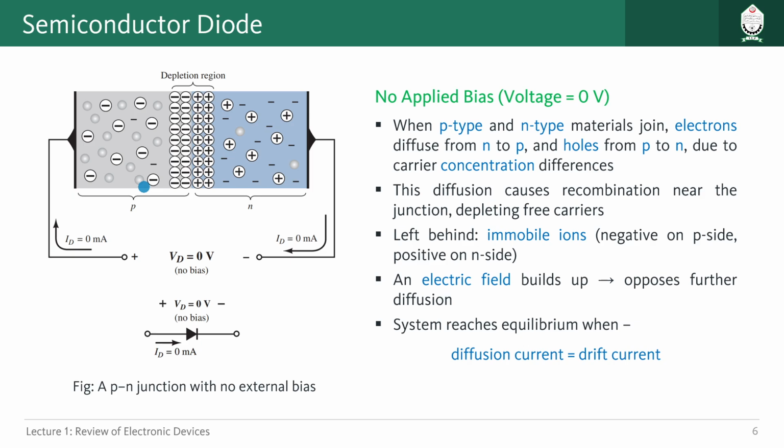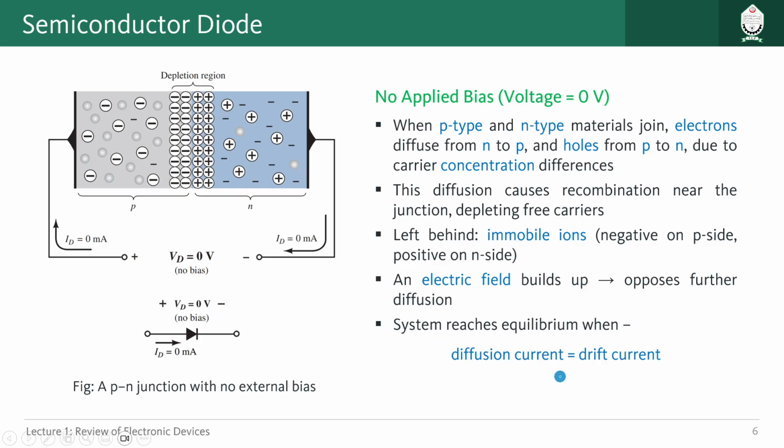We call that diffusion, and this flow of carriers will initiate some current, which we call diffusion current. This is happening because of the variation in concentration of carriers.